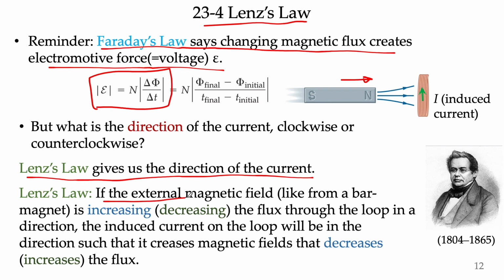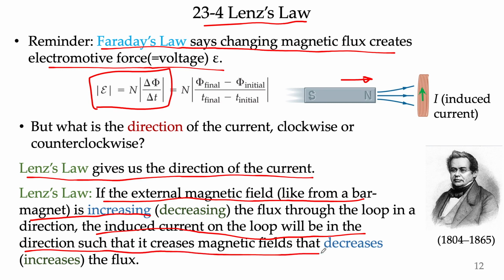So if the external magnetic field, like from a bar magnet, is increasing, so here the flux is increasing, and inside the loop the strength of the magnetic field increases as this moves to the right, then the induced current on the loop will be in the direction such that it creates magnetic fields that decrease it.